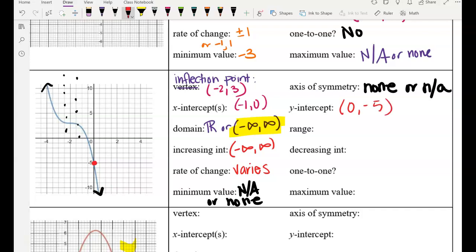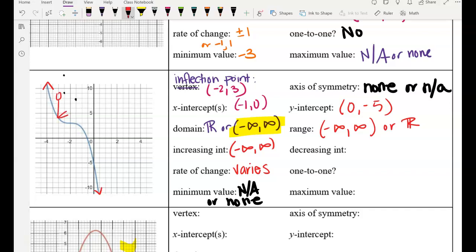The range is listing out all the y values. The smallest y value is -infinity and the largest y value is +infinity. So -infinity to +infinity, that's your interval notation. Or right now, we can also write all real numbers. Now, this happens to be decreasing the entire time, students, because we talked about how we can slide down, right?